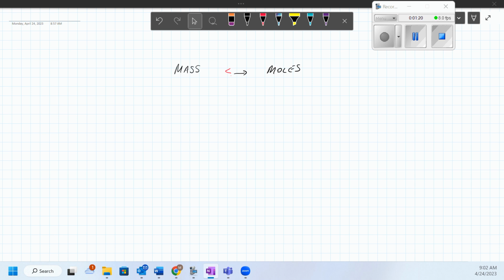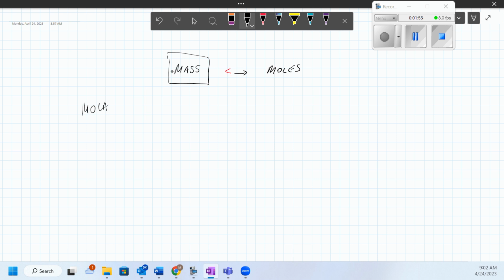A mole, you know from Science 10 and Chemistry 20, is a unit introduced in chemistry just to make sense of the mass, to perceive better what you are dealing with. When we are talking mass, it's in grams. Even working with units will help you understand what you are talking about.